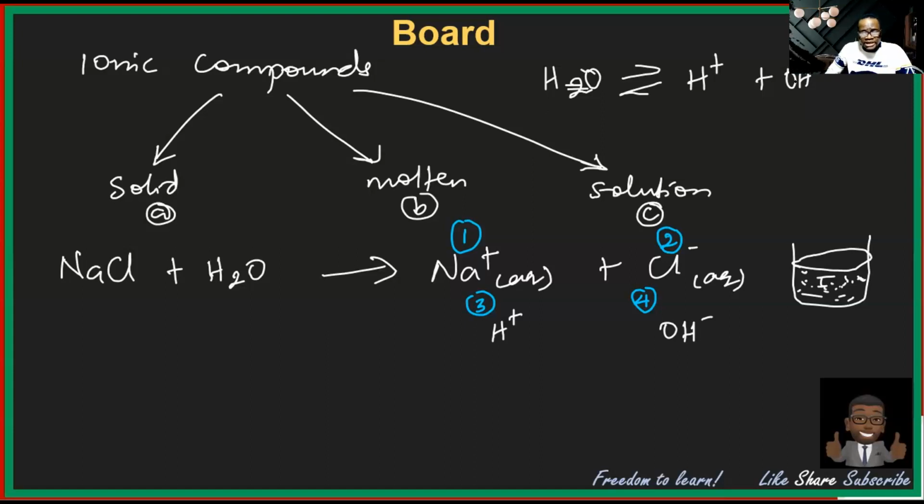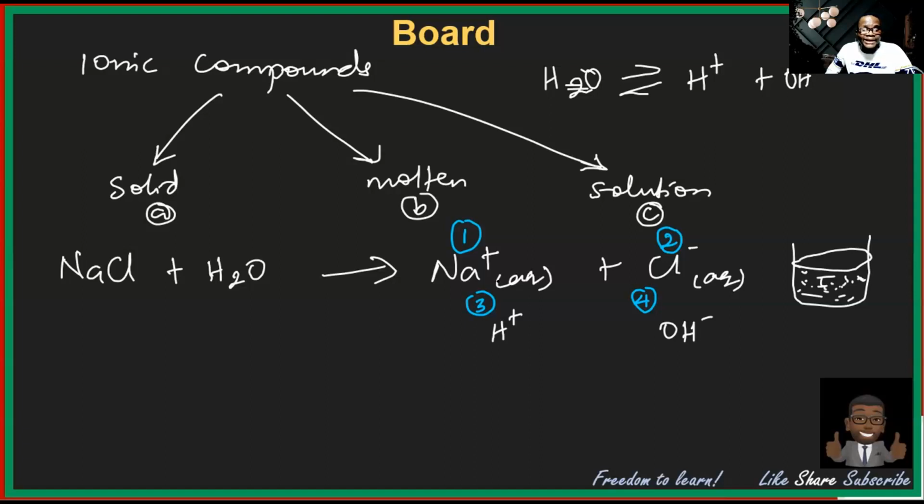So water can split into these ions, and that is why ionic compounds can dissolve in water. The dissolution is based on the principle that opposite charges attract. So the sodium ion will be surrounded by the negative part of water, while the chloride ion will be surrounded by the hydrogen plus in water. So sodium chloride will dissolve.